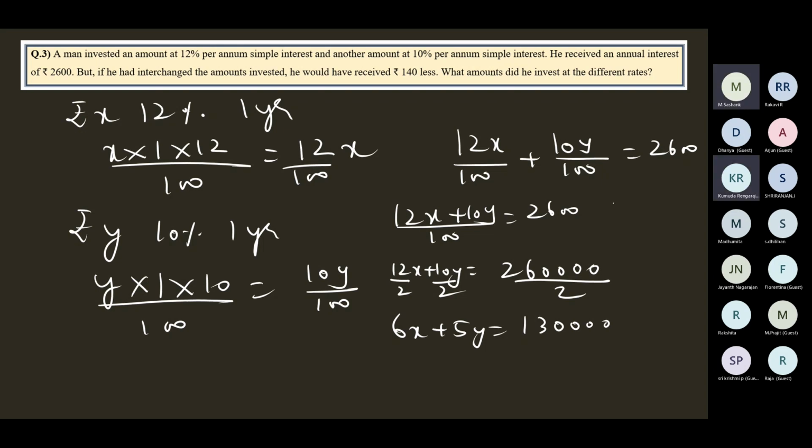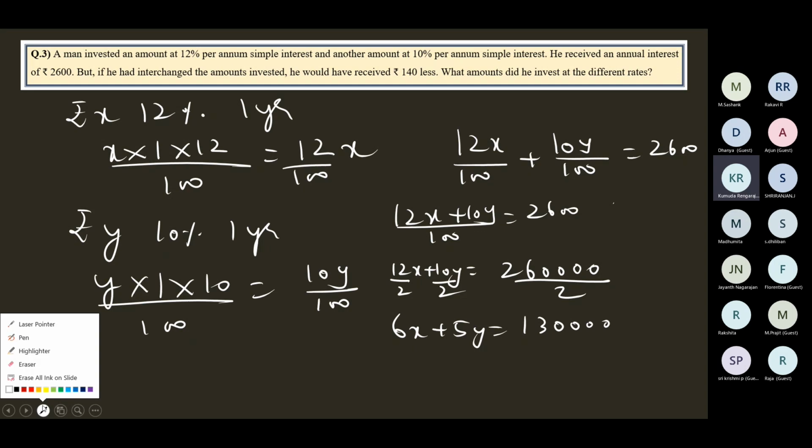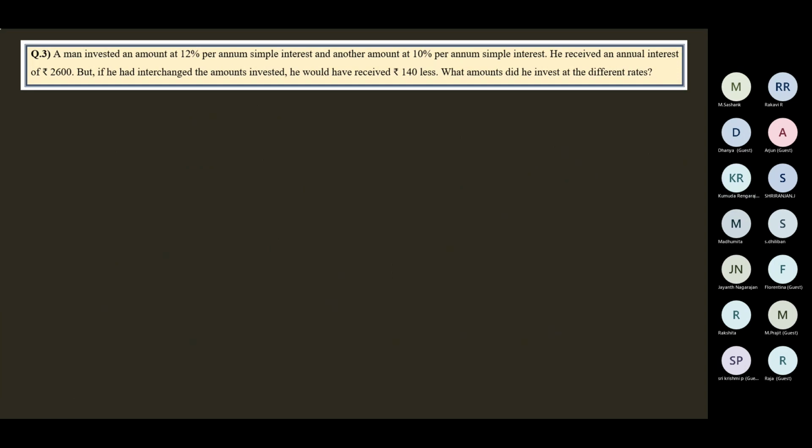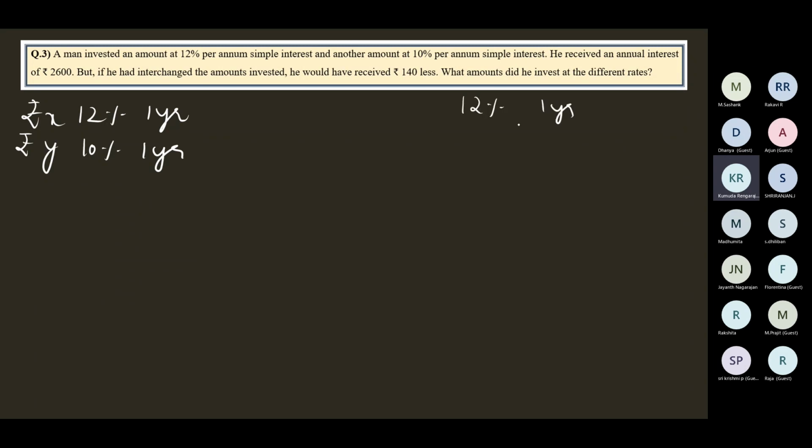But if he had interchanged the amounts invested, interchange means first he had invested X rupees at 12% for 1 year, and Y rupees at 10% for 1 year. Now if he interchanges the amounts invested, that means 12% for 1 year, 10% for 1 year, here he invests Y rupees and here X rupees.